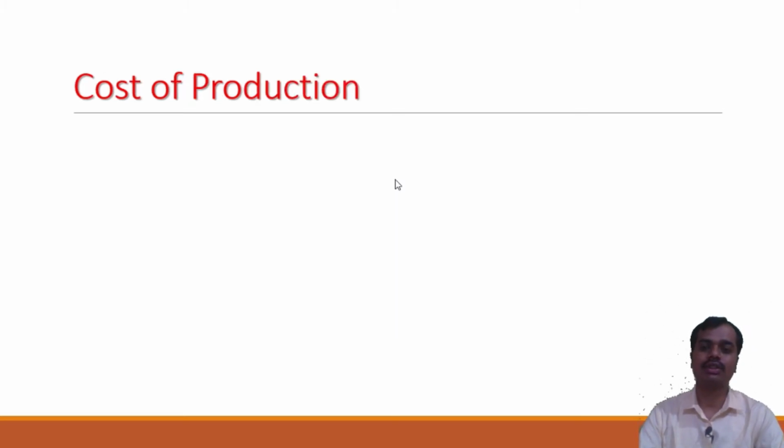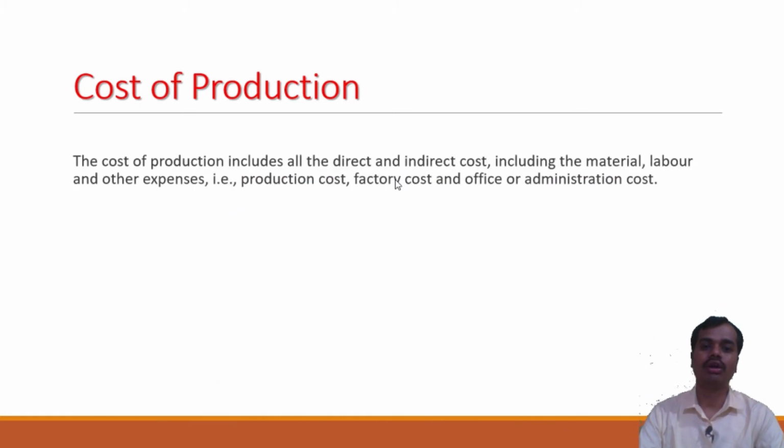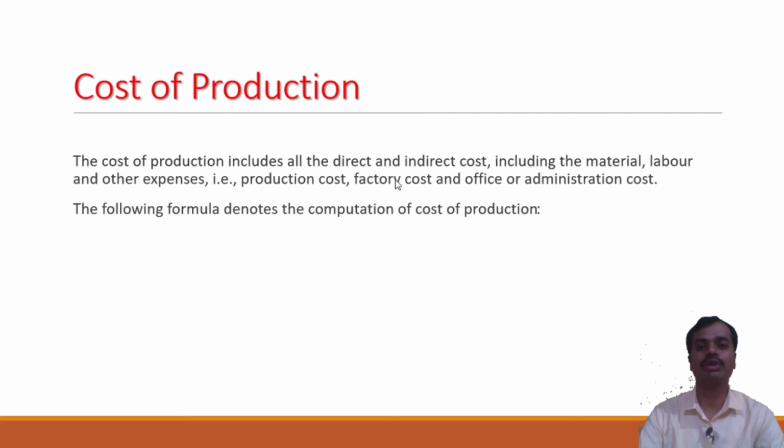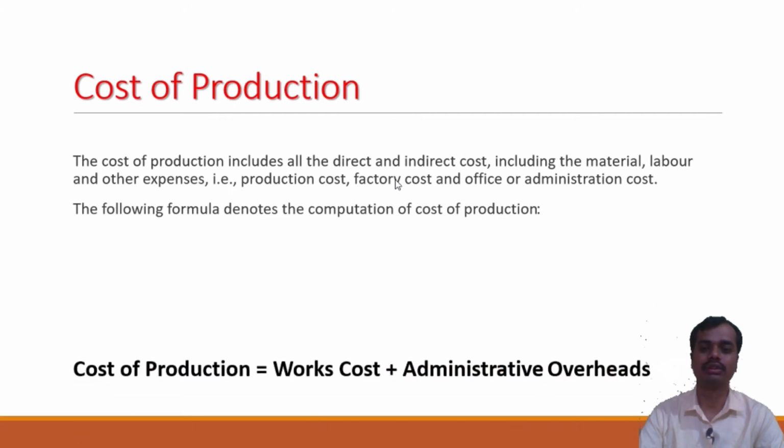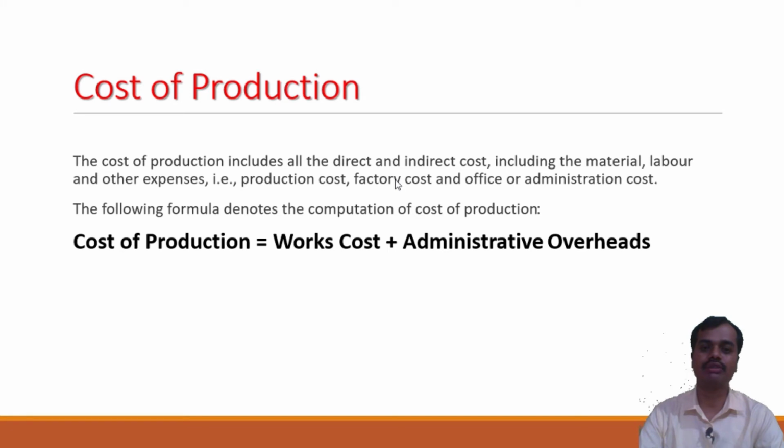Next is cost of production. The cost of production includes all the direct and indirect cost, including material, labor, other expenses, that is production cost, factory cost, and office or administrative cost. The following formula denotes the computation of cost of production. Cost of production is equal to works cost plus administrative overheads.